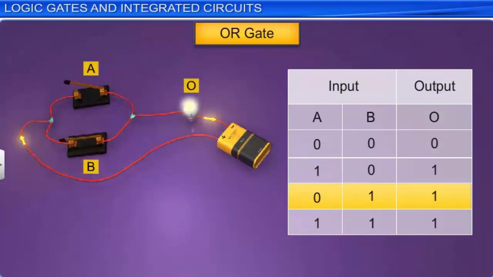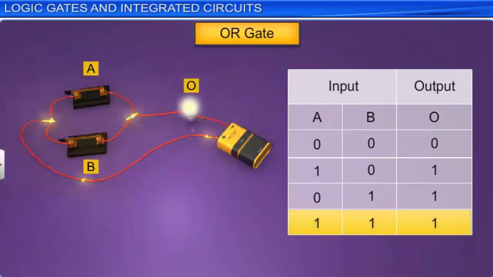The bulb in this case yet again turns on. Hence, the output is again 1. The symbol and the truth table of an OR gate are shown here. The output of the OR gate is 1 when either input A or input B or both are 1.